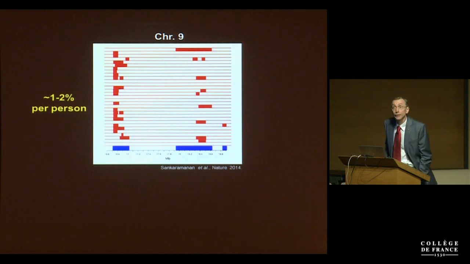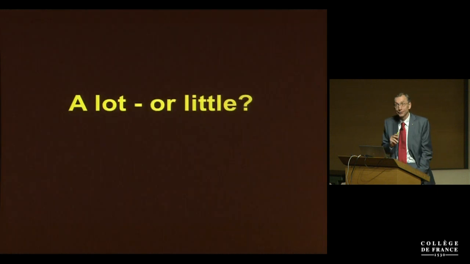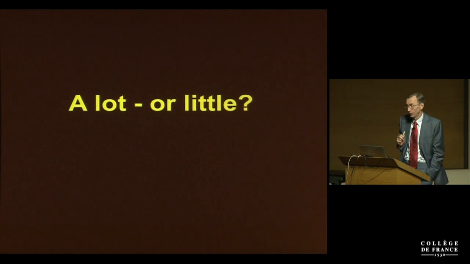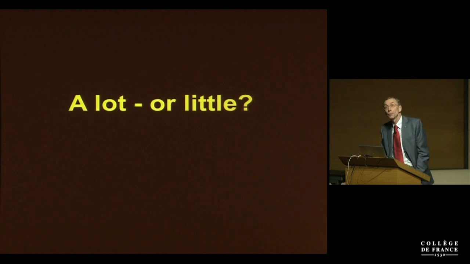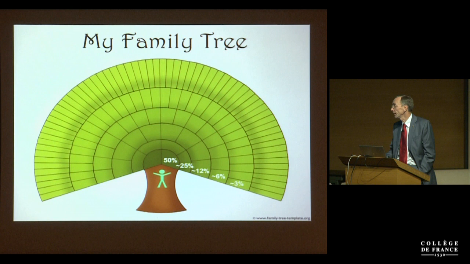So you may then ask, is that a lot or a little? It's sort of a funny question. What is a lot and what is a little? But just to get a perspective on this, I like sometimes to say, if you think about your own family tree, this is you here. You obviously have 50% of your DNA from your mother and father. You have approximately 25% from each of your grandparents.